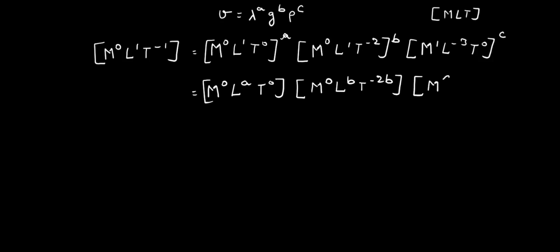For the last term, M power C, L power minus 3C, and T power 0. Furthermore, we have to take M. For M we have three terms, which is 0 plus 0 plus C. We have to add the powers because they are in multiplication.